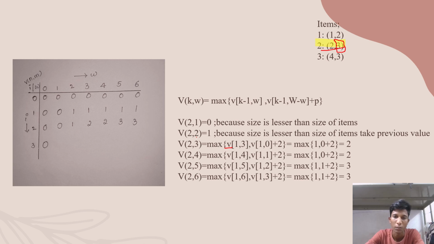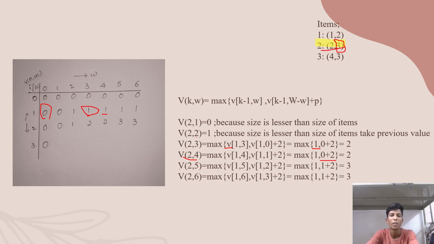That is max of V of 1 comma 3, which is 1, and V of 1 comma 0, which is 0, plus profit 2, is equal to 2. Similarly, V of 2 comma 4 is equal to max of V of 1 comma 4, which is also 1, and V of 1 comma 1, which is 0, plus 2, is equal to 2.